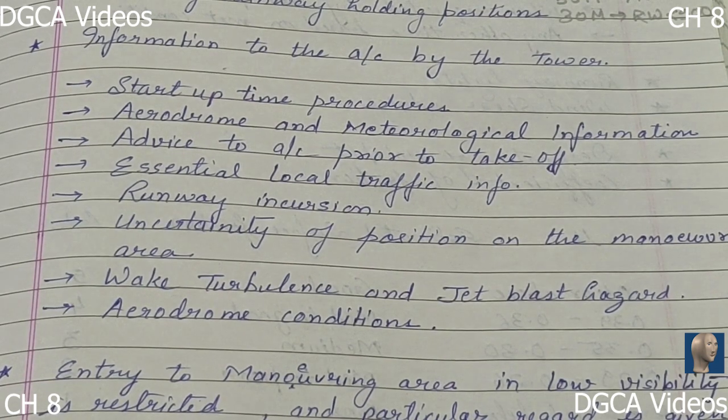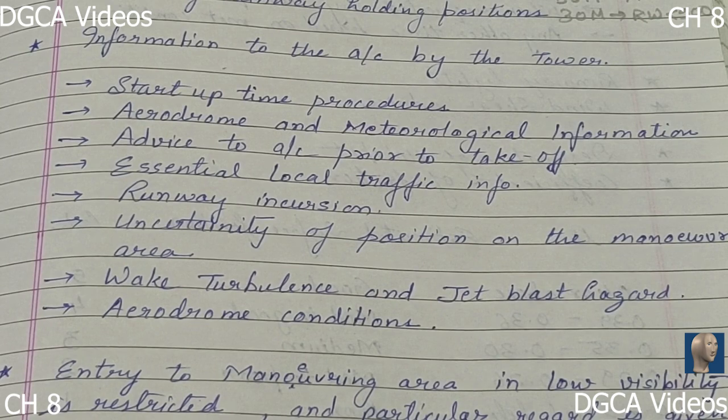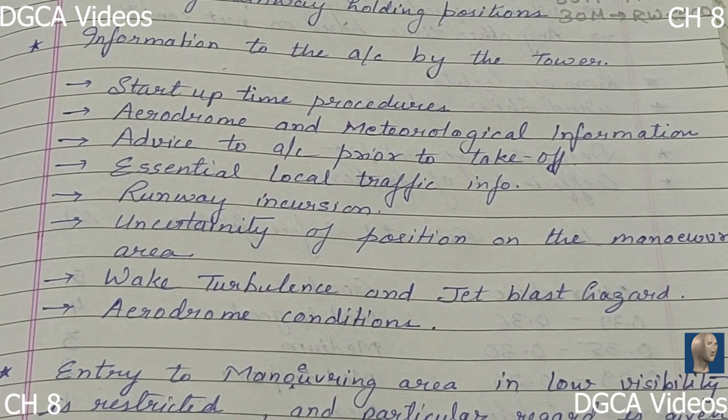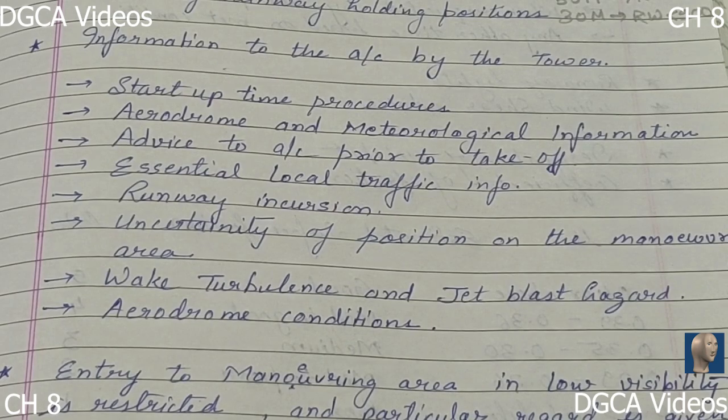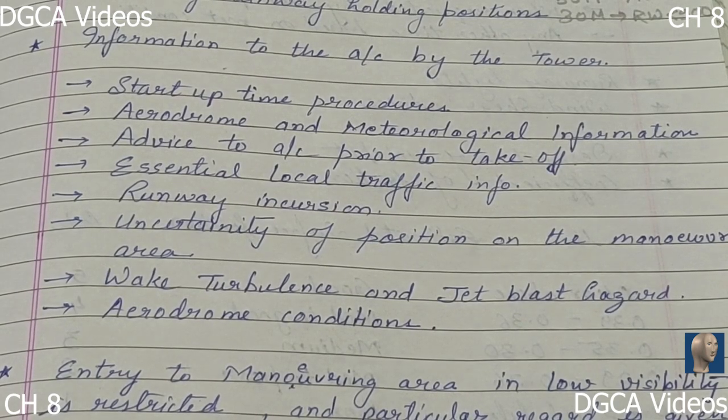Whenever the responsibility for wake turbulence avoidance rests with the pilot in command, the aerodrome controller shall, to the extent practicable, advise the aircraft of the expected occurrence of hazards caused by the wake turbulence. So this is as normal as keeping a separation between two aircraft so that you do not get into the wake turbulence of the other aircraft.